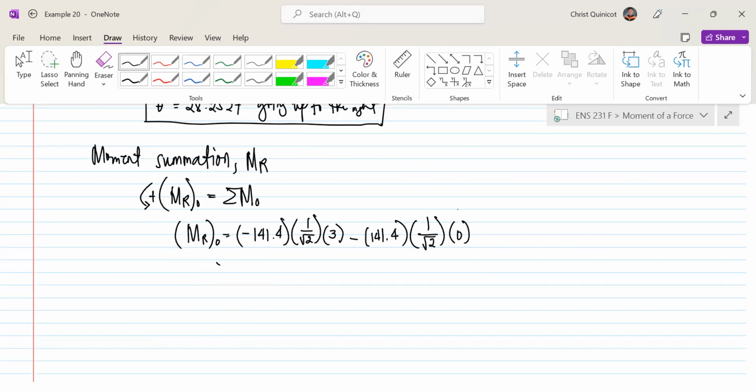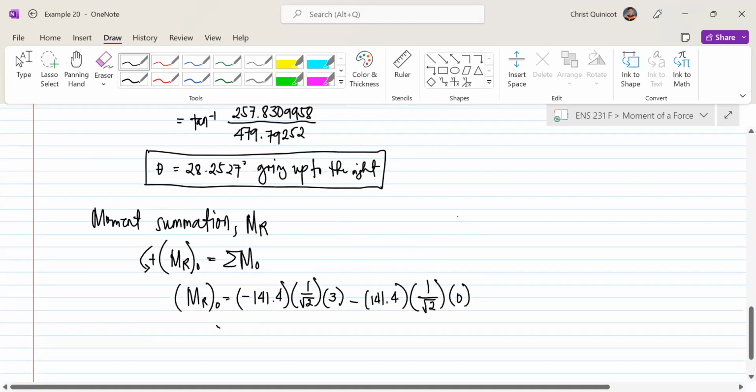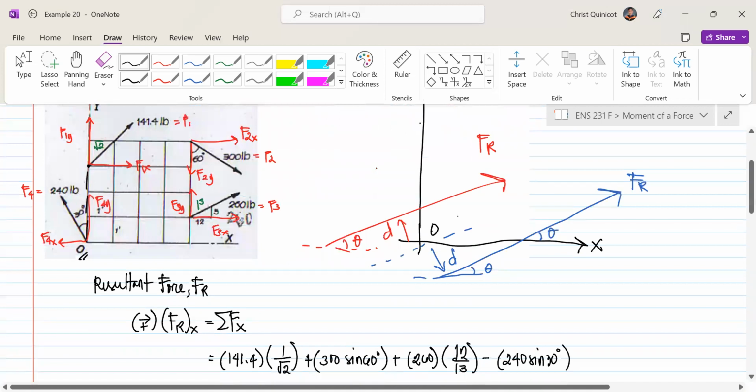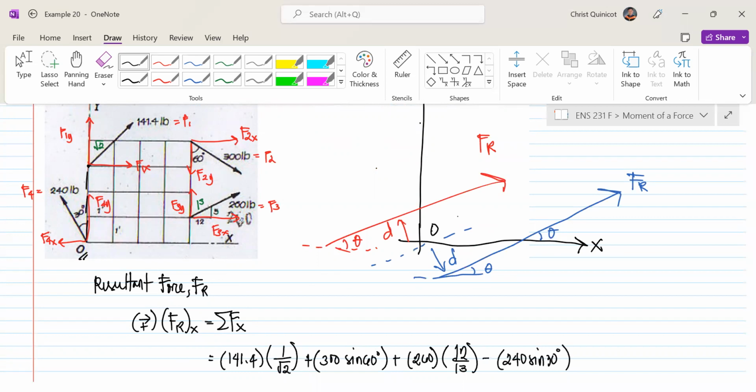But for the sake of discussion, I just show it multiplied by 0 because its perpendicular distance from O is 0. Next, we have the x component of F sub 2, which is 300 sine 60 degrees.